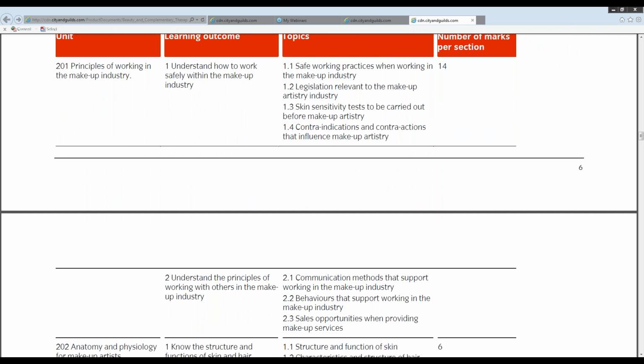So you'll highlight safe working practices, your legislations, your skin sensitivity tests, any contraindications, communication methods, behaviours and sales opportunities. So there it tells me that is weighted quite heavily, 14 marks is going to be allocated to Unit 201. So if you are going to split your theory lessons into what I need to know to pass my test, this is what I will be delivering in that hour's theory lessons or 2 hour theory lessons to your learners.